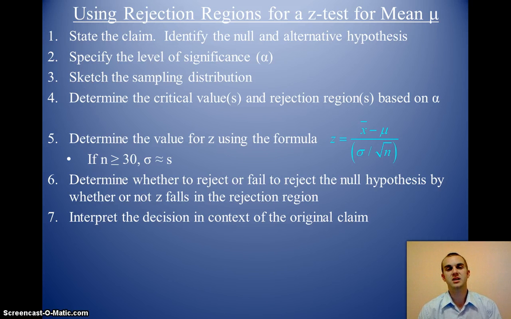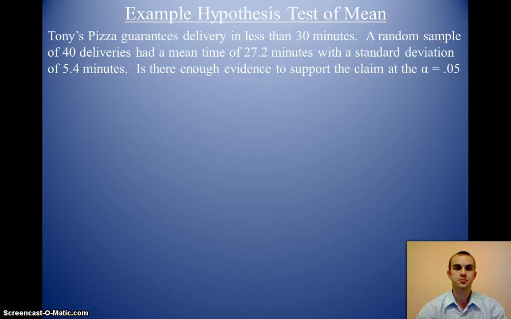Then I'm going to find the z-score for the information that I have and place that z-score on my sampling distribution. If it falls in the rejection regions, I'll reject my null hypothesis. But if it does not fall in the rejection region, I will fail to reject my null hypothesis. Once I've determined which I will do, I go and interpret the data as well.